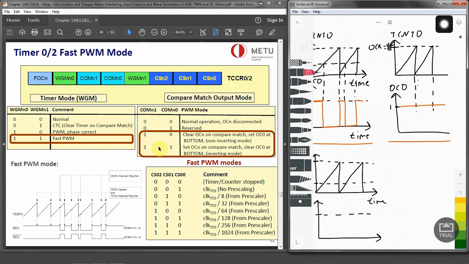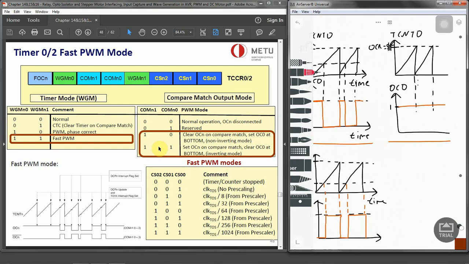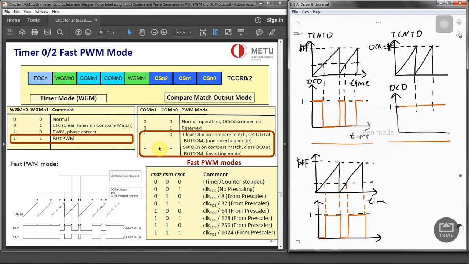With an inverted one, when it reaches the OCR value, it's actually going to set. So whenever the compare match occurs, this will go high, and when it reaches the top, it will clear it, then the next OCR match will set it again, and at the next top we'll clear it again, and so on. So it's totally the inverted version of what we have done on the above diagrams, as the name suggests.